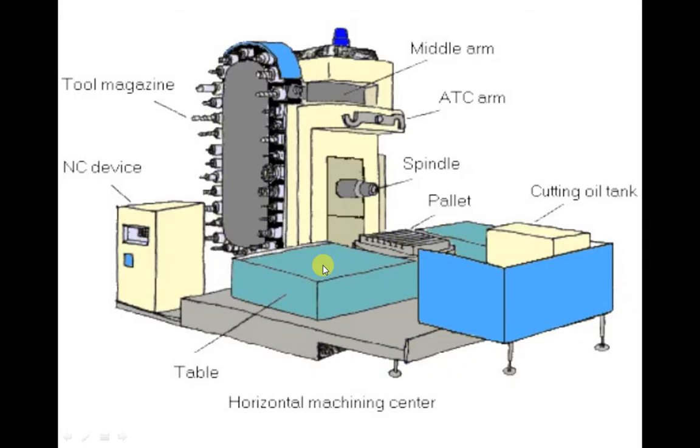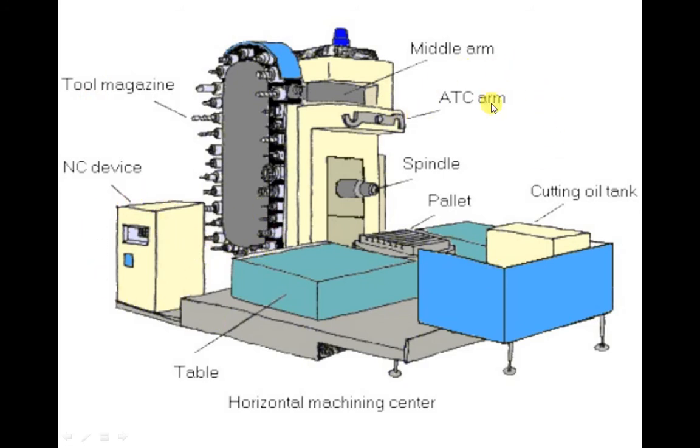Before we go into what a tool magazine is and what the different types are, here is a schematic of a general CNC machine, which is maybe a horizontal milling machine. There are various elements in this machine. As you can see, there is a tool magazine here, where tools have been placed in a systematic manner. There is a CNC controller.